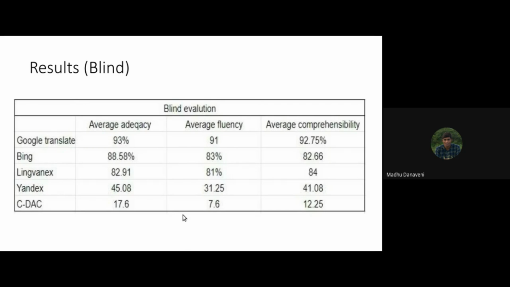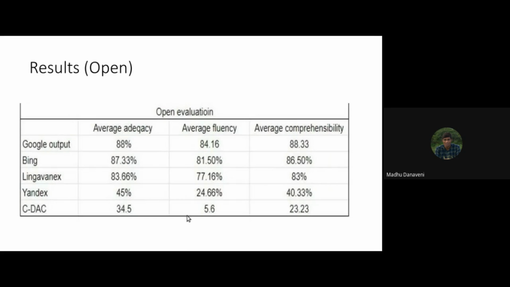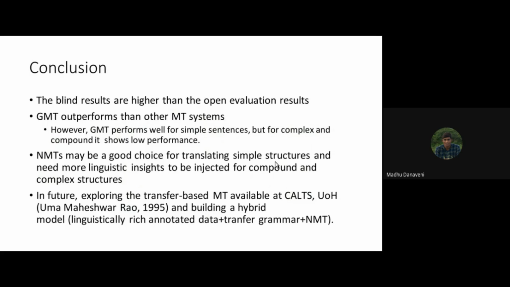So this is from blind evaluation. In the results for open evaluation, also the Google output outperformed the other MT systems.